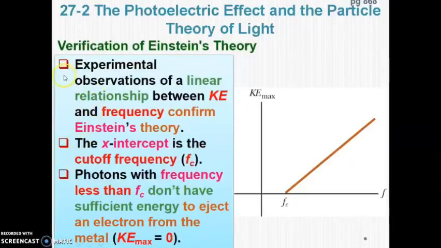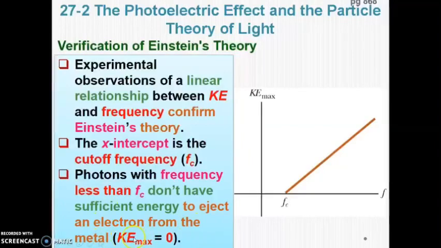So this one is a verification of the Einstein theory. Experimental observations of the linear relationship between kinetic energy and frequency confirm the Einstein theory. The x-intercept is the cutoff frequency fc, and photons with a frequency less than the cutoff frequency don't have sufficient energy to eject an electron from the metal.